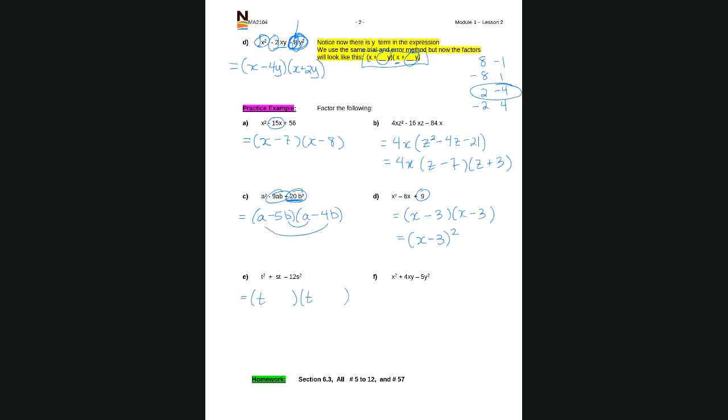Okay, for E, there's a t squared in the front, so that's t times t. An s squared in the last term. Whoops, there's no square here. S times s. So those two numbers you're looking for are positive 4 and negative 3.